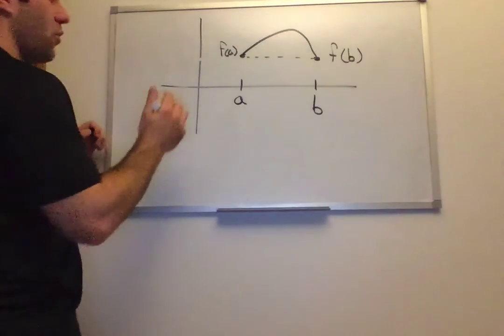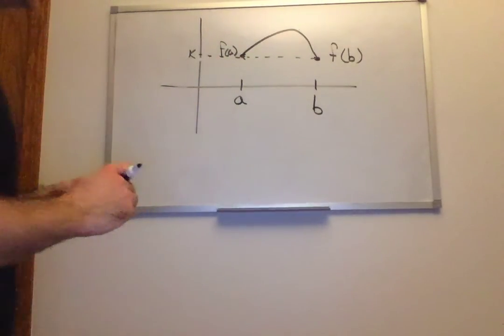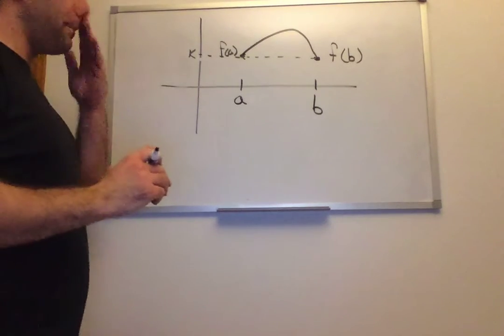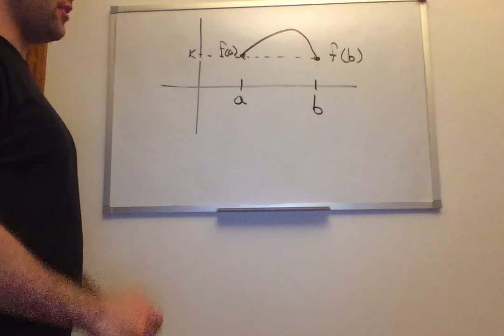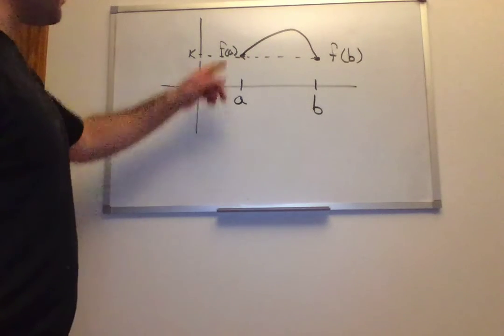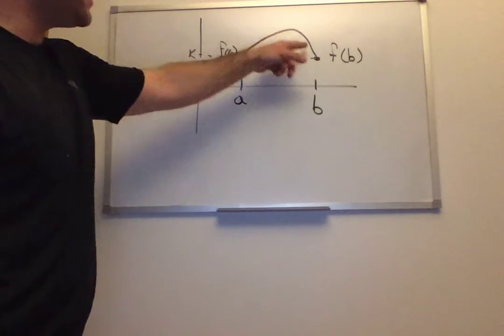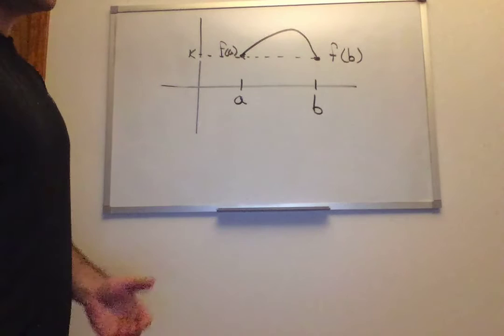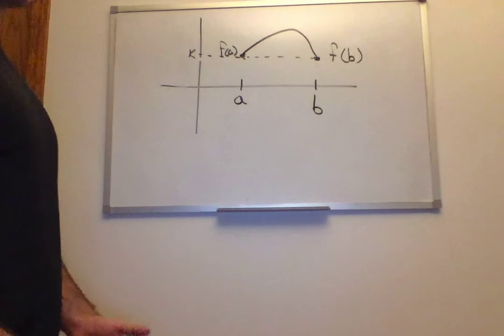They're on the same horizontal line, whatever this number is. We can call it k again if you'd like. So, to see that this satisfies Rolle's theorem, well, f of a is equal to f of b. This is definitely continuous, and it's definitely differentiable, okay? It's nice and smooth. It doesn't have any corners.